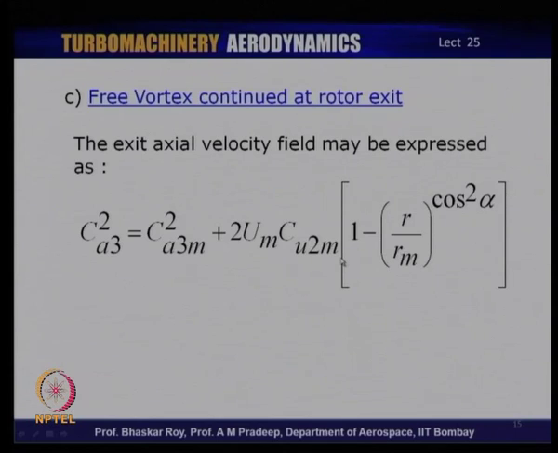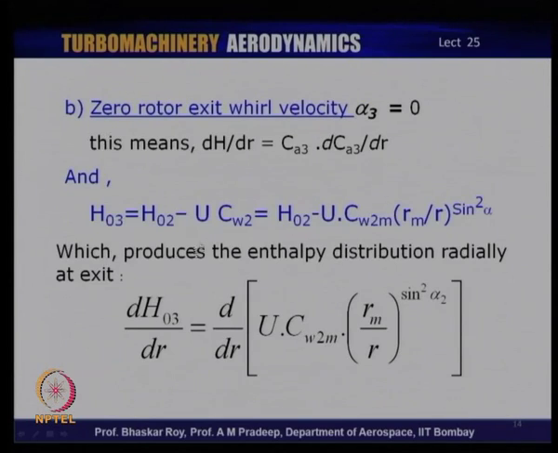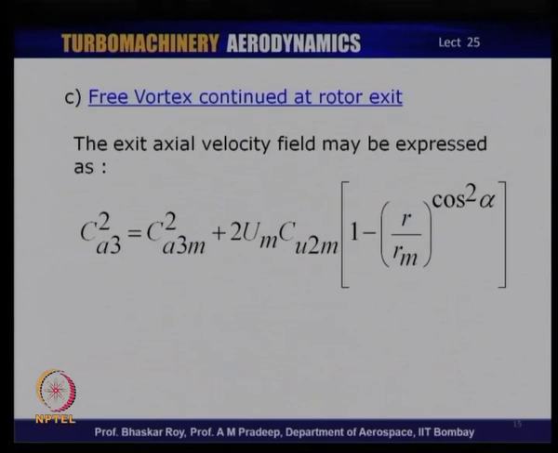Now, this expression would also be valid for this particular case, which means the C A variation that you get in case B would be very similar to that you get in case 3. So, the actual velocity variation can also be found by using the laws that we have prescribed.